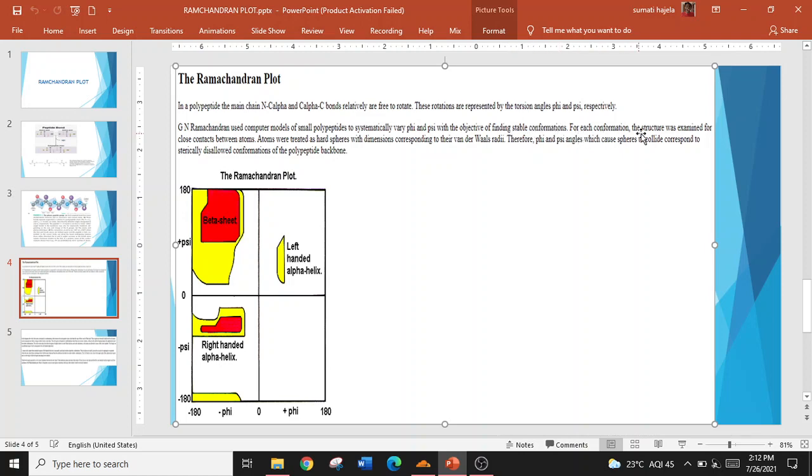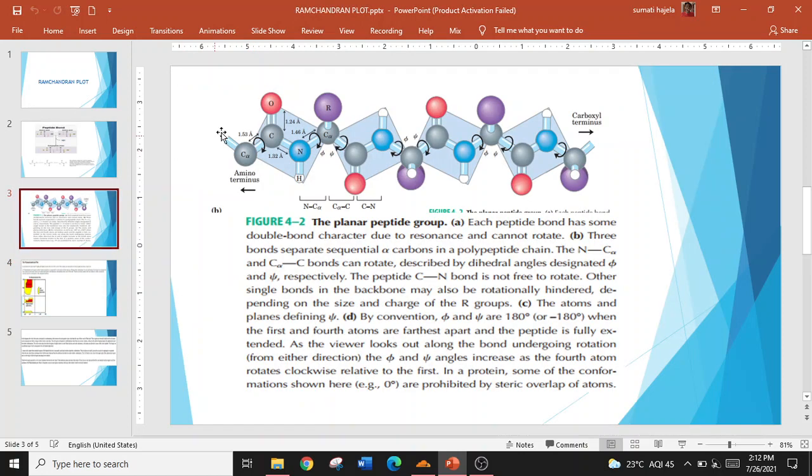For each conformation, the structure was examined for close contact between atoms. You can see so many atoms are here.